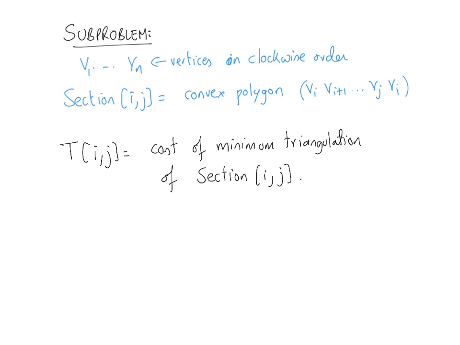Note that if we look at the section 1 n, that's essentially our original polygon. So our final answer that we're looking for is T 1, n.